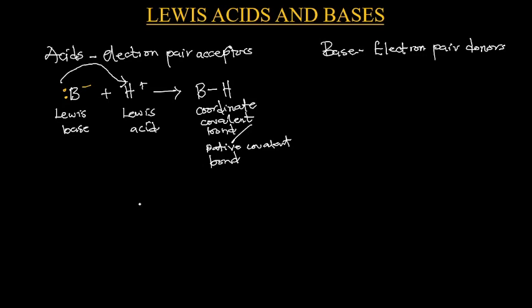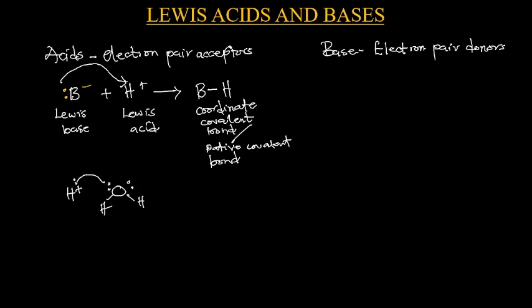Now let's look at some examples. Let's take a proton again and a water molecule. So this is our proton H plus and water. Remember the shape of water is V and it has two lone pairs on the oxygen. So this proton lacks electrons. That means it has an empty orbital, so it will be able to accept a lone pair of electrons from the oxygen. And that is exactly what is going to happen.